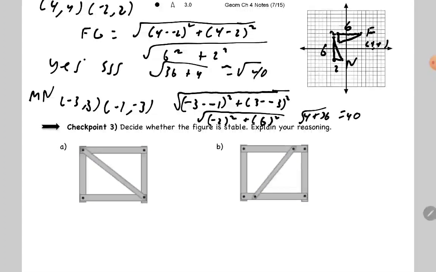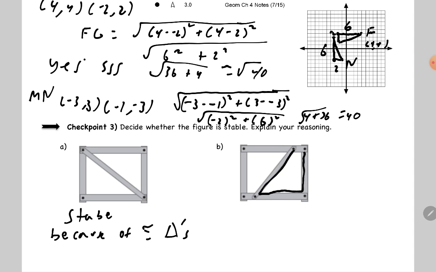Alright, whether the figure is stable, explain your reasoning. Okay, this is stable because of congruent triangles. And then basically quadrilaterals. I think this is like a trapezoid.